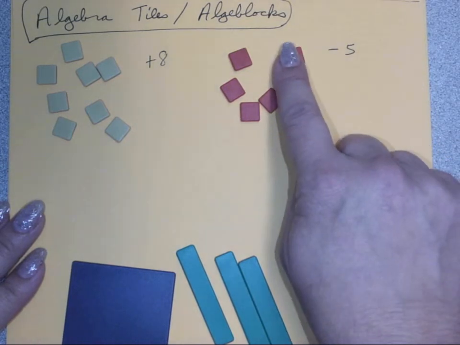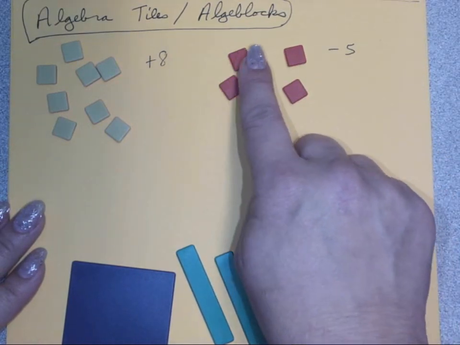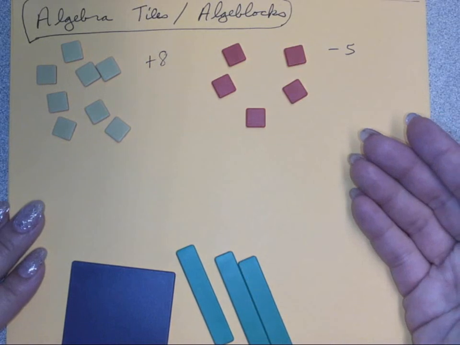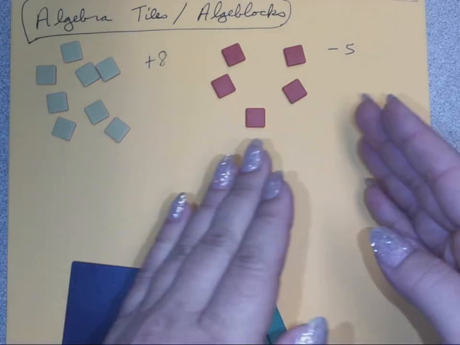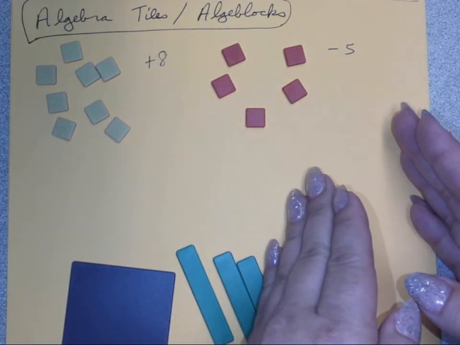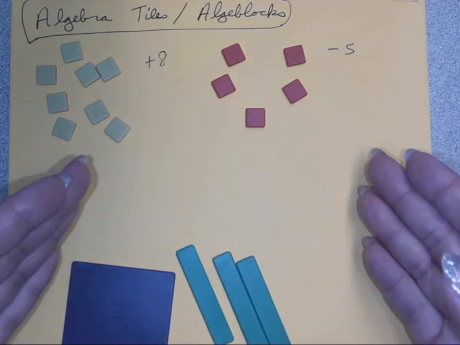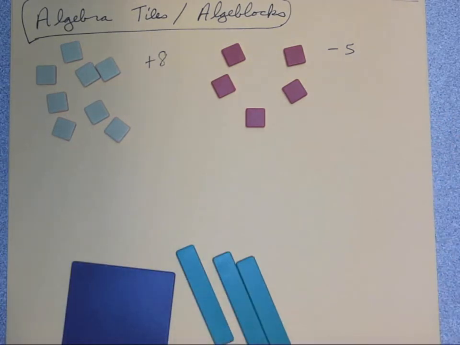So now maybe I understand what it means to take away 5 of my pieces of candy, right? They also start coming out with this idea of, hey, I had 8 pieces of candy, now I have 5 of them taken away, so sooner or later I'm going to figure out that I still have 3 pieces of candy, right?